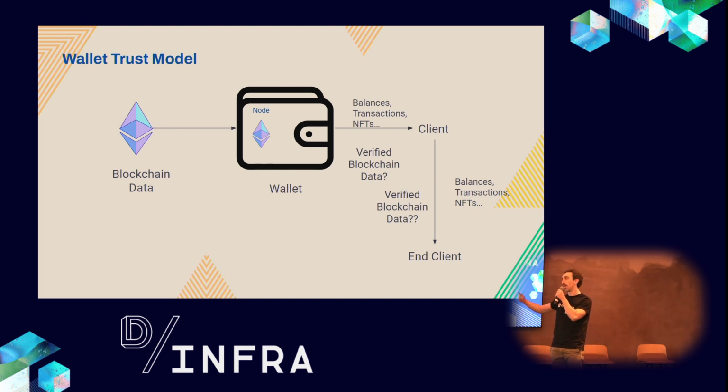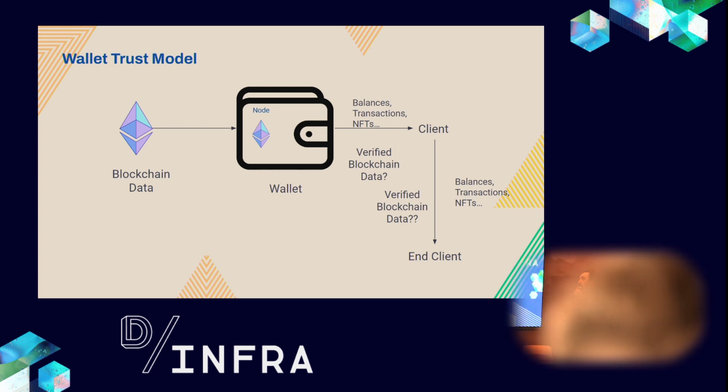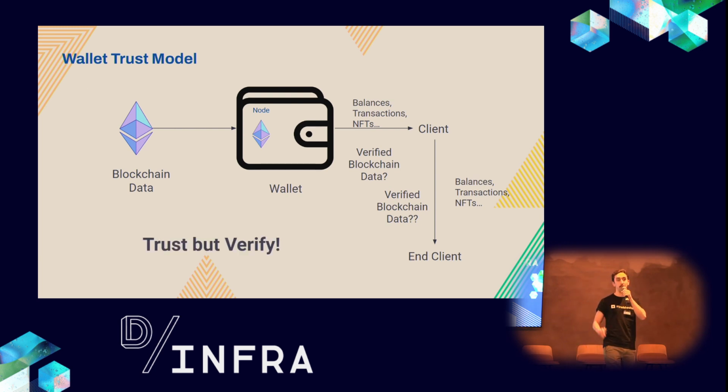And we keep adding hops of trust, right? So we are more disconnected from the blockchain, and it becomes more complex. We say trust but verify. It's a good slogan. We all like this statement. But how can we actually verify? What tools do we have to verify the information we are seeing?